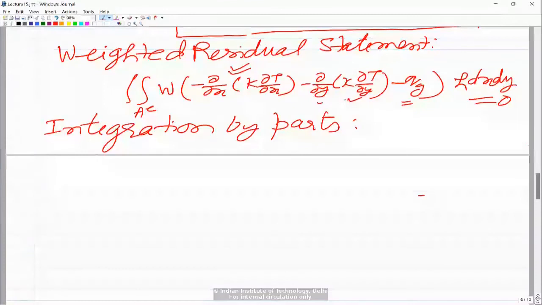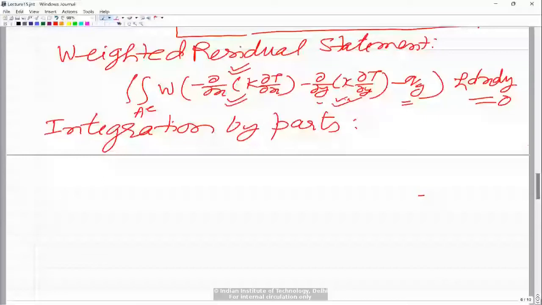So the integral term will become a positive double integral. And in the integration by parts here, rather than giving the values at two boundary locations as we had in 1D problems, it would become a boundary integral, because for this term we will carry out the integration with respect to x. So integration with respect to y will still remain. Similarly, when we are doing the integration by parts for this term, we will carry it out with respect to y.